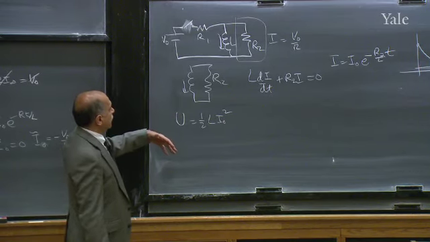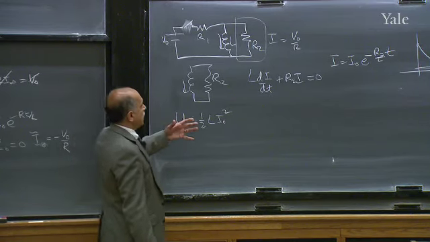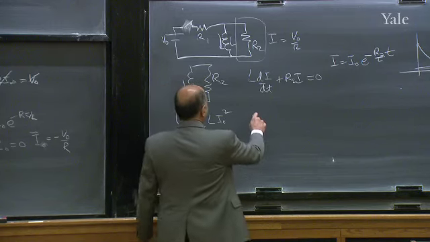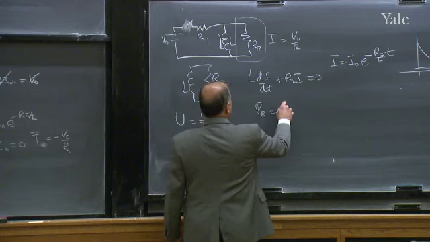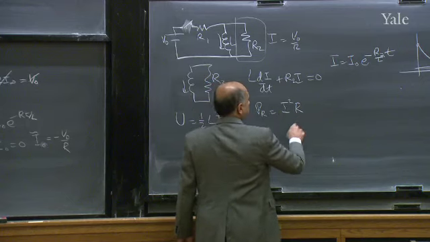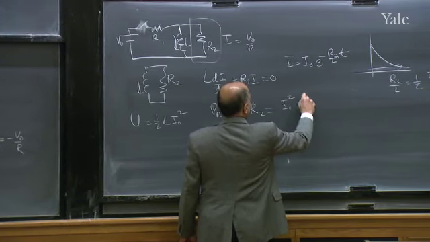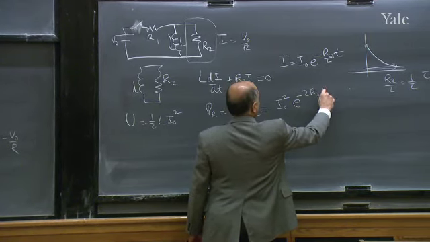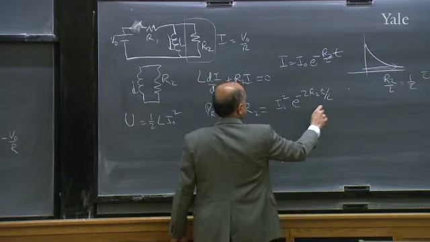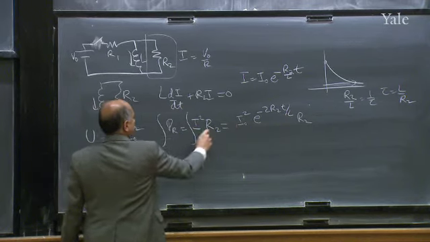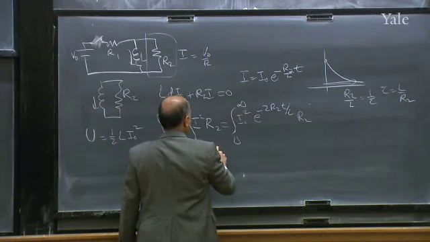There's a current in the circuit, and when the current is flowing, it is dissipating heat in the resistor. Therefore, the power in the resistor will be I squared R2. I squared is I0 squared e to the minus twice R2 t over L, times another R2. Now we integrate this power from 0 to infinity.